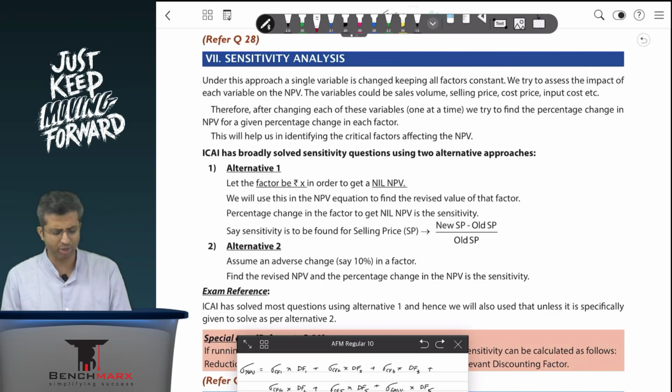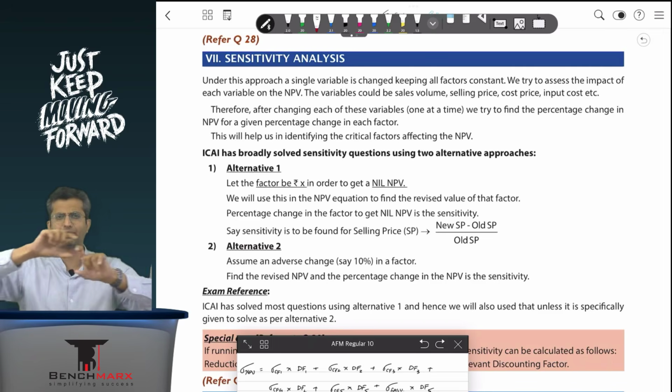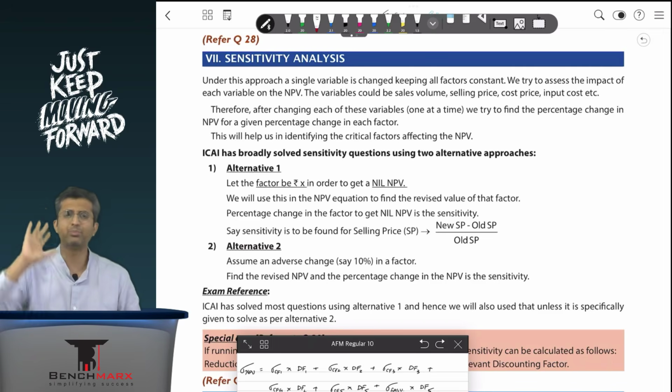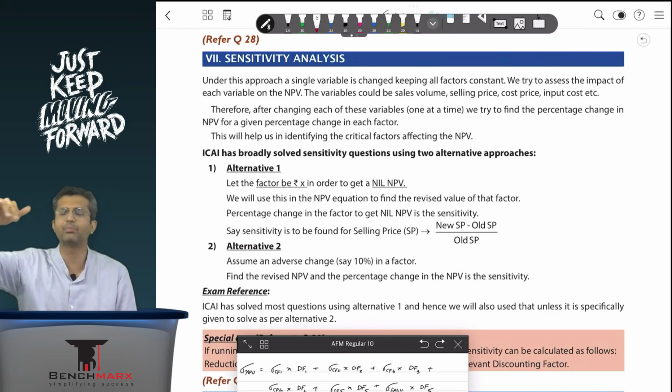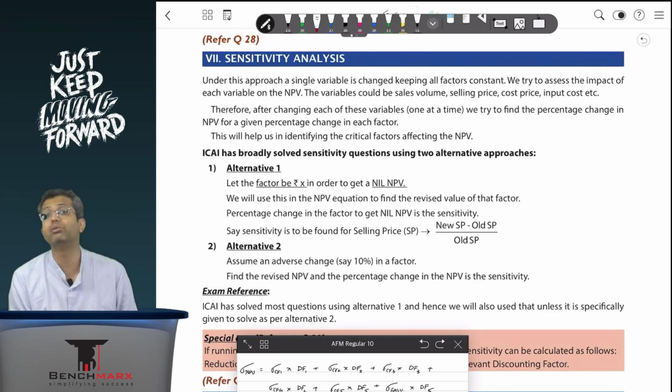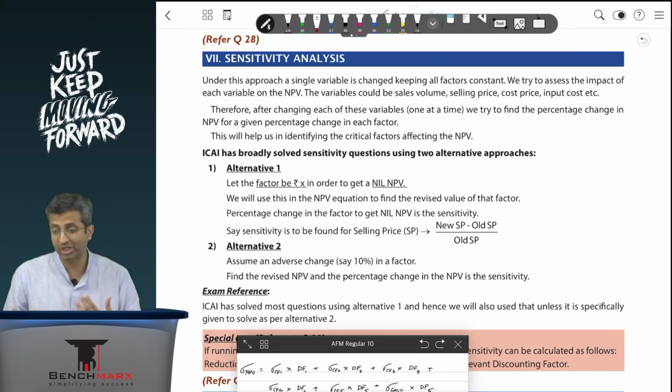So most commonly what you will do is, let the selling price per unit be X, and at that X selling price per unit, you will formulate the NPV equation where NPV is equal to 0. So you will find X. So let us say your original selling price was 50. Now at X, let's say 45 selling price, your NPV becomes 0, which means you can say that if the selling price falls from 50 to 45, that is a 10% fall in selling price, and your NPV will become 0.